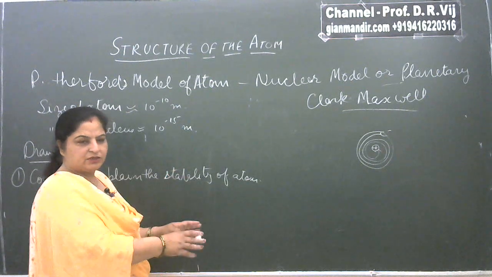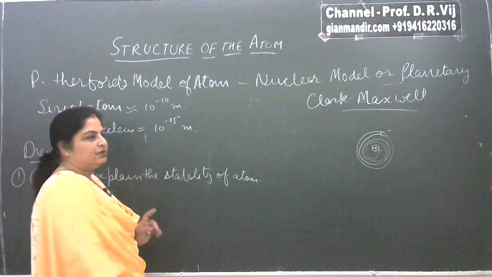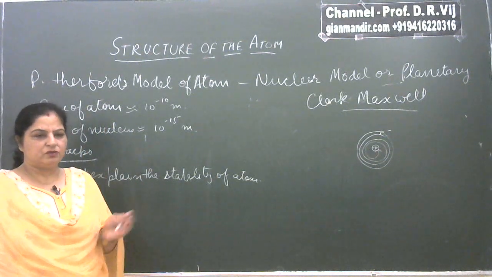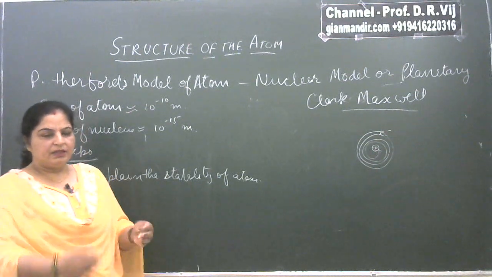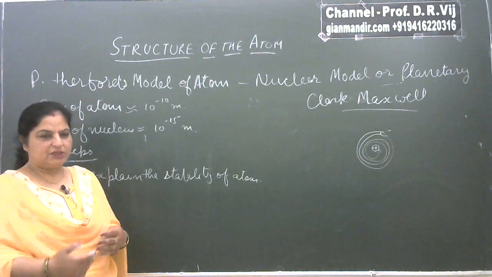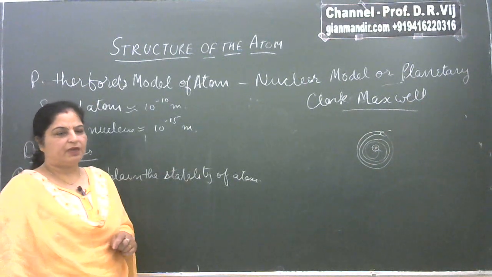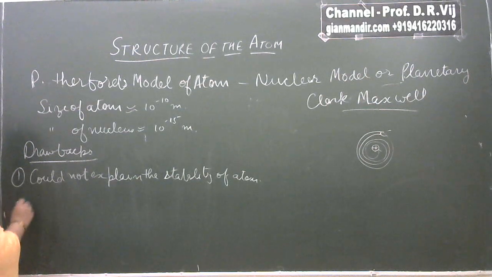Maxwell's theory is right; it was proven otherwise also. And on the other hand, the existence of various kinds of matter around us shows that atoms are very much stable. Then there was no explanation from Rutherford's side about the stability of atom. So the major drawback of Rutherford's model is that it could not explain the stability of atom.